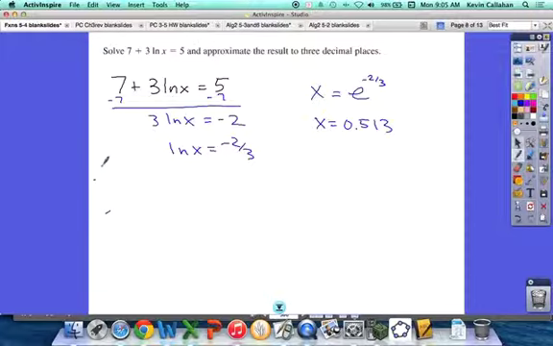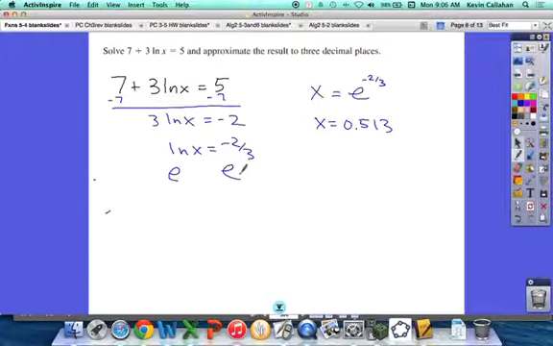Now, if you look in the book, it probably doesn't say that exactly, right? What they say at that step is, it's like when we say for exponentials, take the log of both sides. Well, at this step, it'd be take the exponential of both sides. They say exponentiate both sides. By exponentiate, what they mean is, if ln of x equals negative 2/3, then we're going to make those the exponents of e.